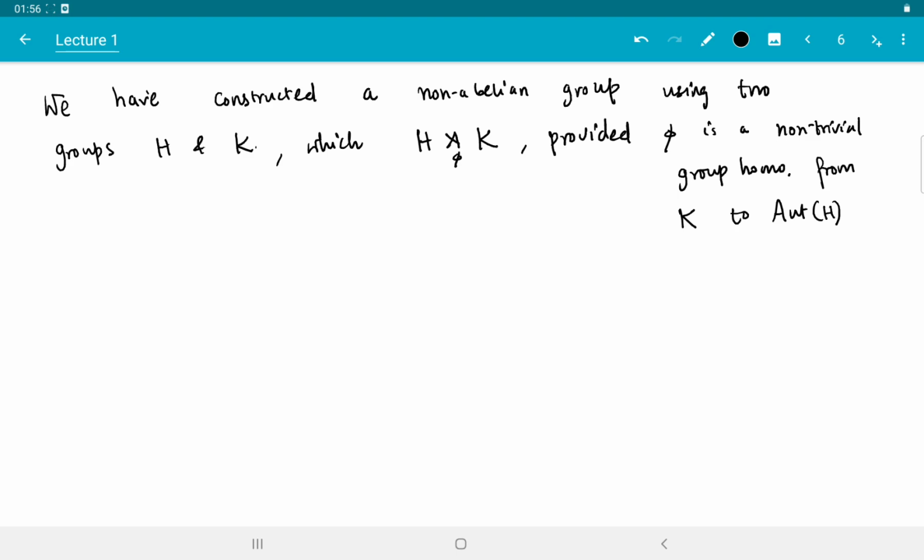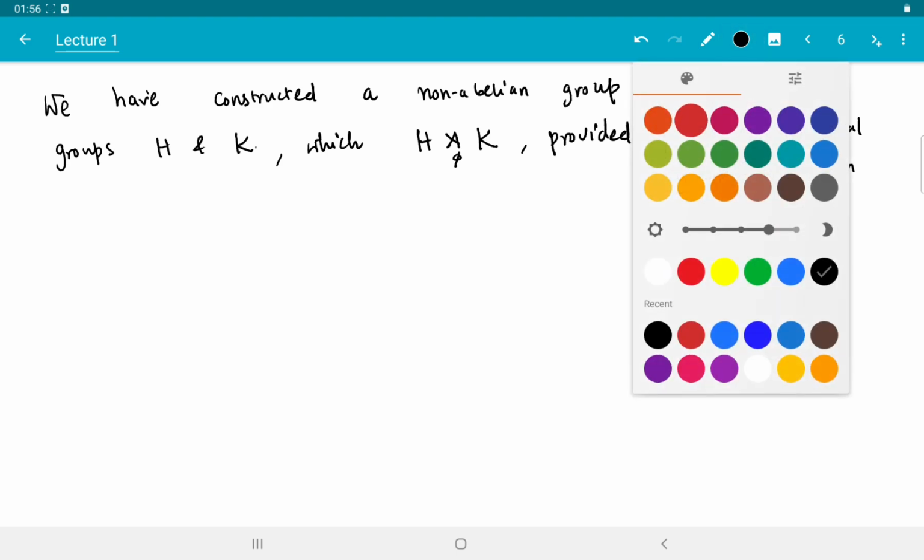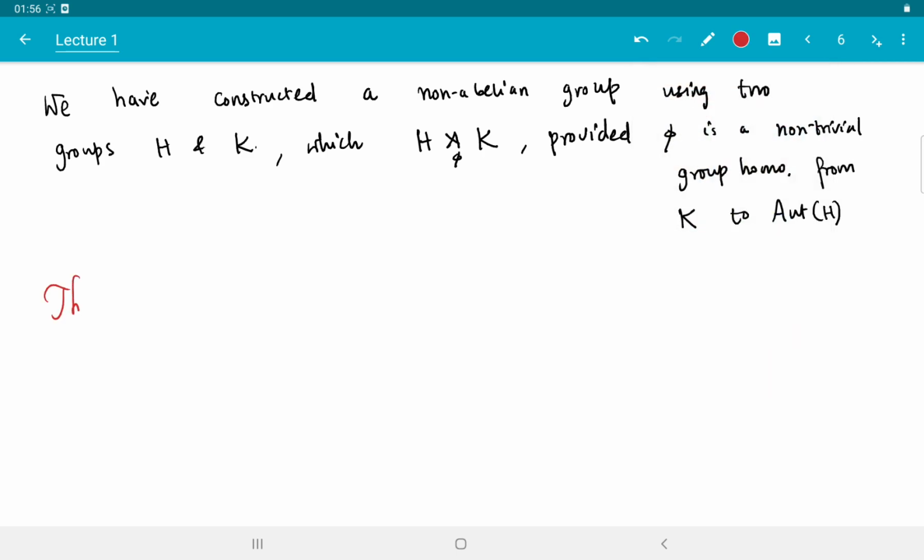So let me state this first. The theorem, which is also called the recognition theorem.